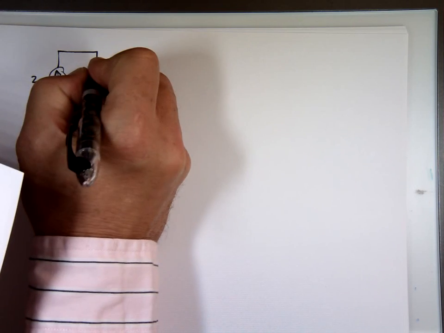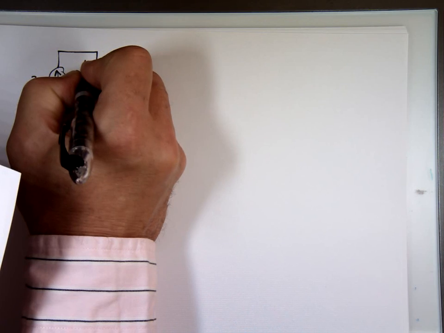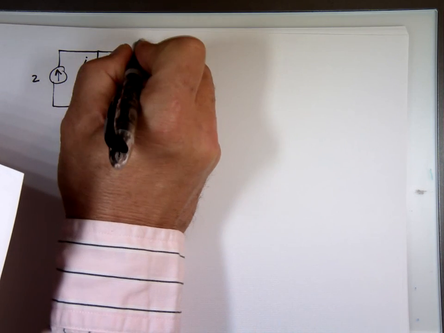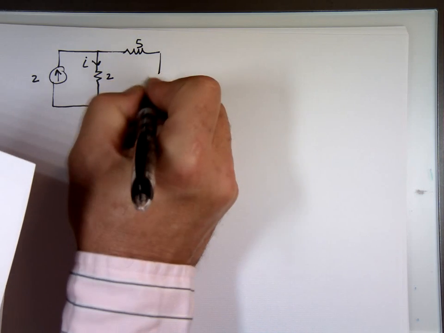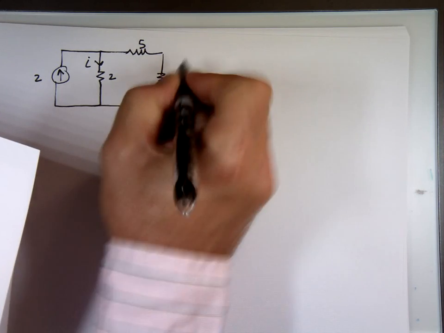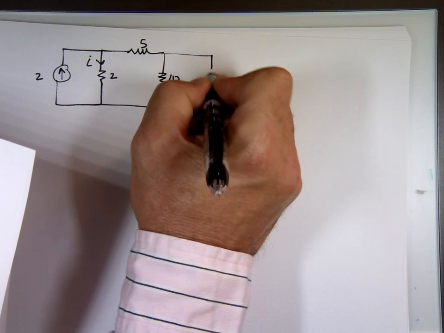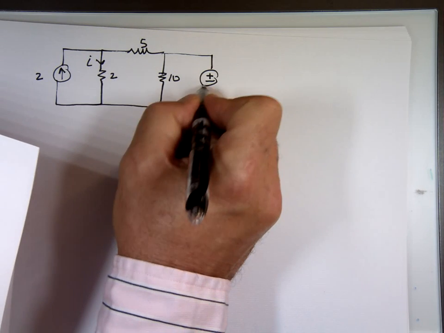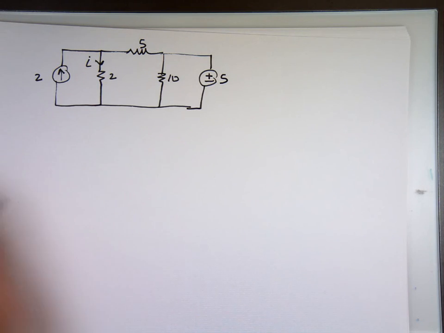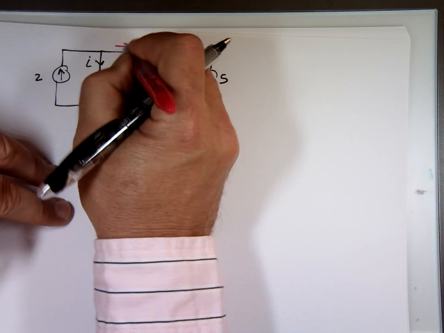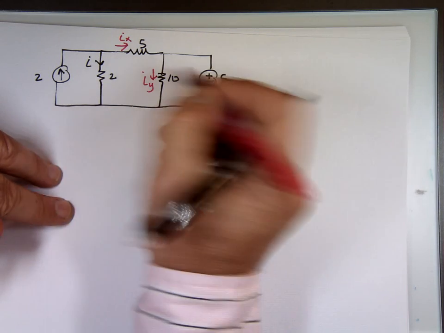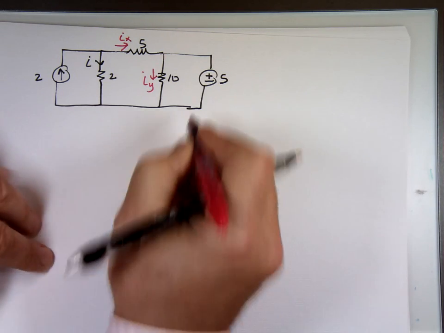We're looking for this current I. Let's assign currents in any direction you want, I sub x, I sub y. This is your reference.